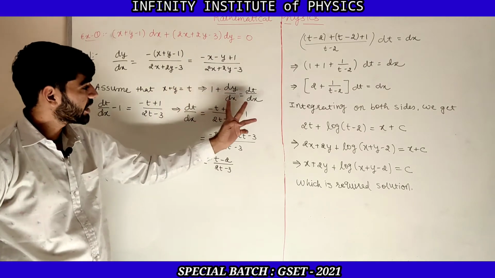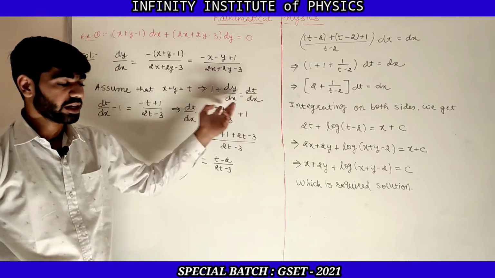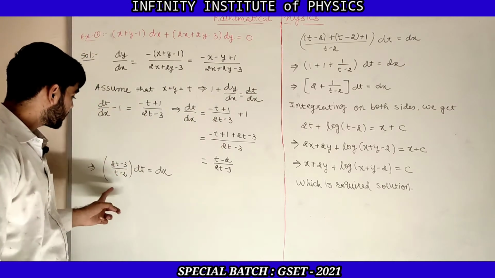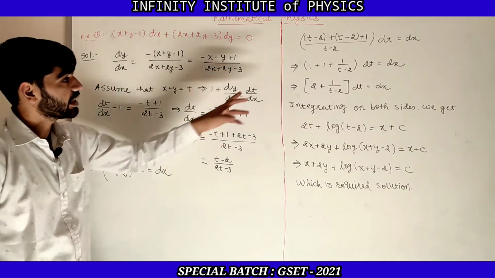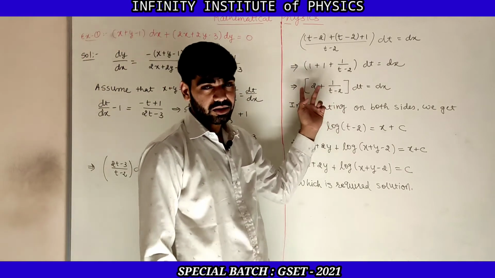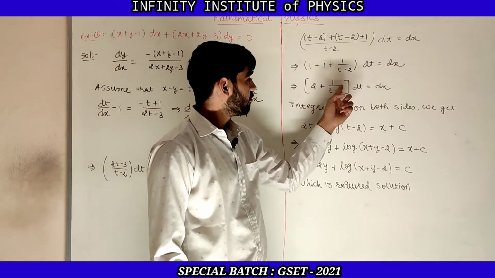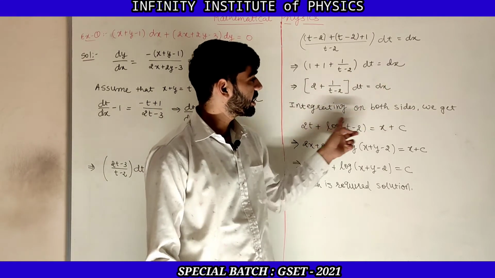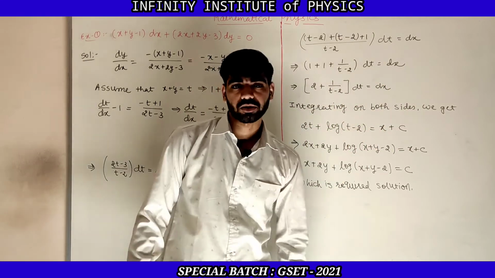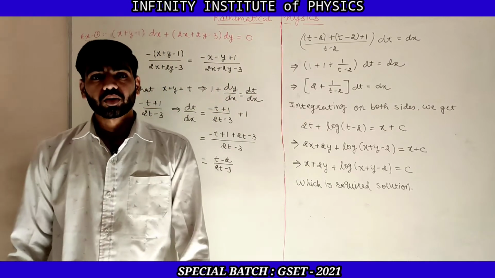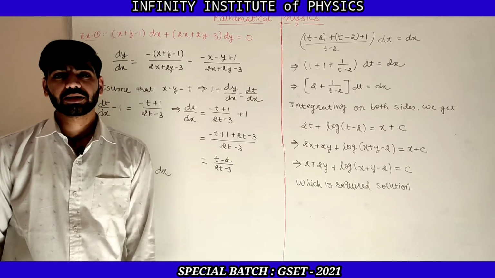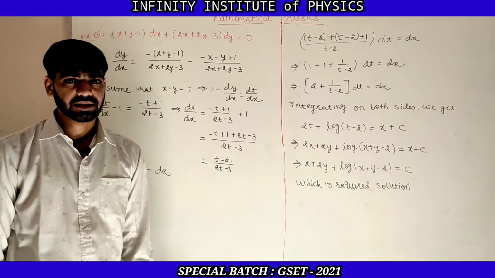Then we differentiate with respect to x, and then we convert it into variable separable form, and then with t we simplify the term to find the integration. So it will be 2 plus 1 upon t minus 2 dt, which is equal to dx. Now integrating on both sides, we will get this solution. Clear? So this is the example related to the non-homogeneous differential equation of the first case.